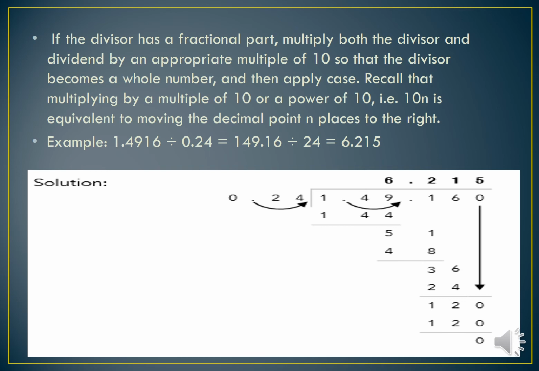How many places are there? We have 2, 4, so we have 2 decimal places. So if we are going to move it in the divisor, of course we are also going to move it in the dividend and then divide.